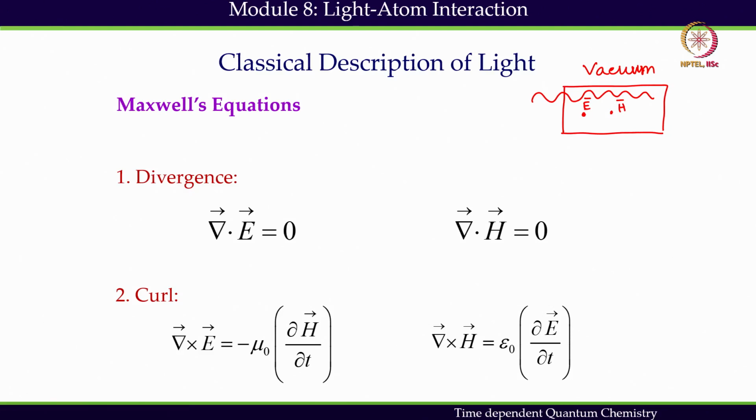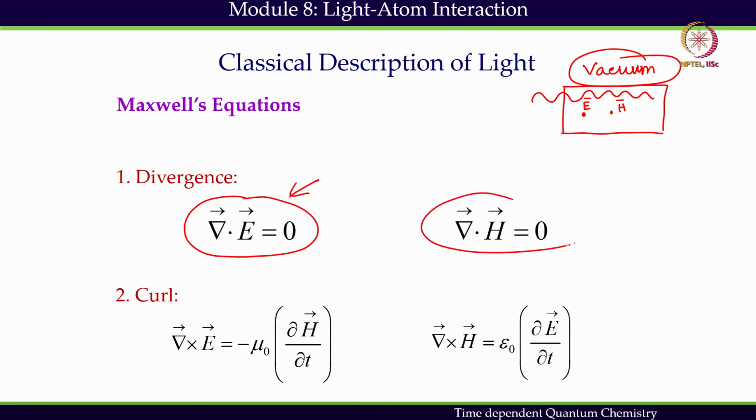So in the vacuum, if the light is propagating through the medium, the electric field is still divergence-less. It doesn't have divergence. The magnetic field also does not have divergence. These are the two properties which will always show up in the vacuum if light is propagating through the medium, and that will define that I have light propagating through the medium.